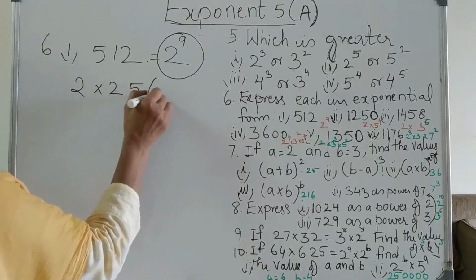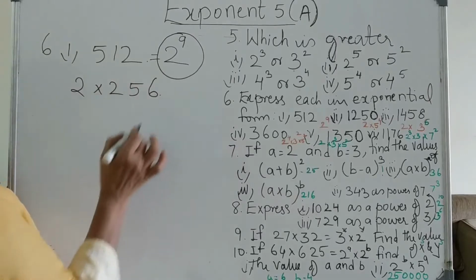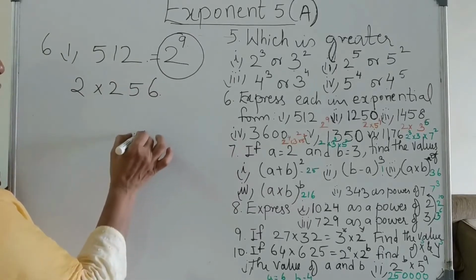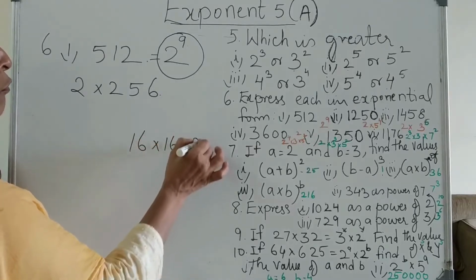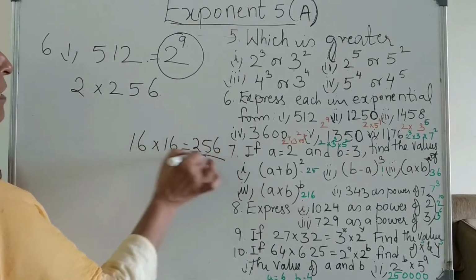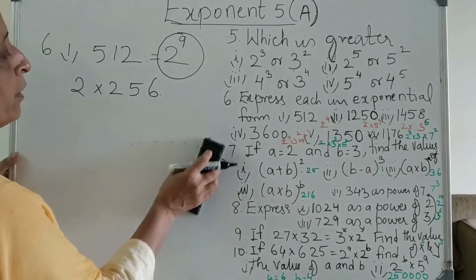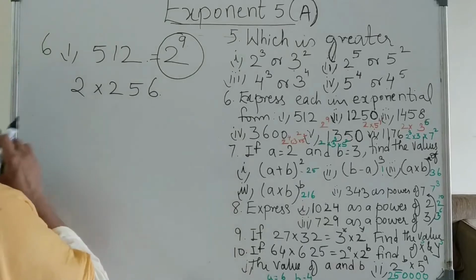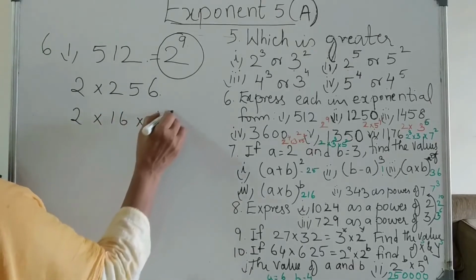Now you can either go on dividing by 2, or you better, as I've told you, remember that 16 into 16 is equal to 256. This you have to remember. So now if you remember 256, you can write 2 into 16 into 16.